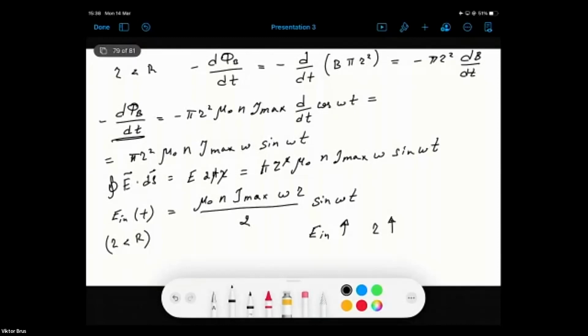But that, as we have shown previously, will happen only until we reach the radius of the solenoid, capital R. Once we increase the distance from the axis further, we will switch to another regime where the induced electric field will reduce with the increase of distance, because it will follow a different equation which was derived on the previous slide.